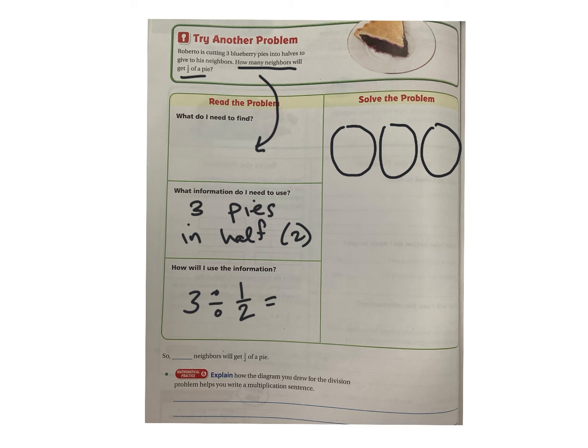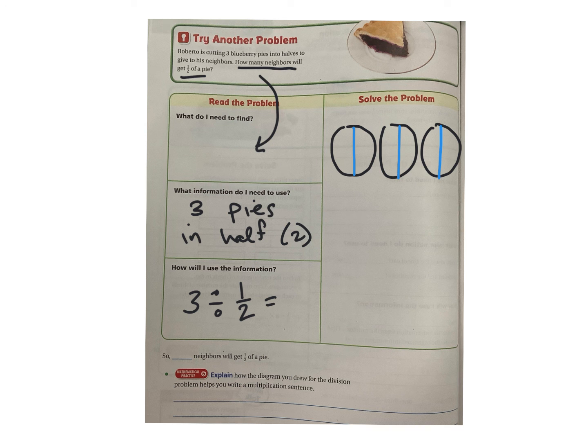We're cutting them into half-size pieces, so into 2 pieces. And he's giving 1/2 of a pie to each neighbor. One neighbor gets one, another neighbor gets one, another neighbor gets one, and another neighbor gets one. So in reality, even though this is 3 divided into half-size pieces, I'm taking 2 here, and then 2 again, and 2 again. That's 2, 3 times, right?